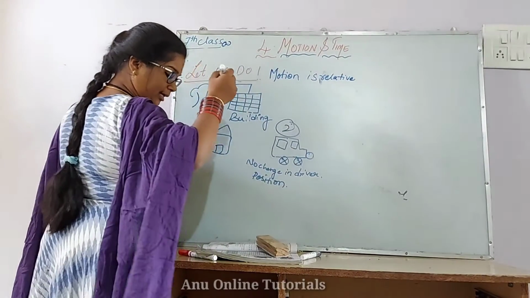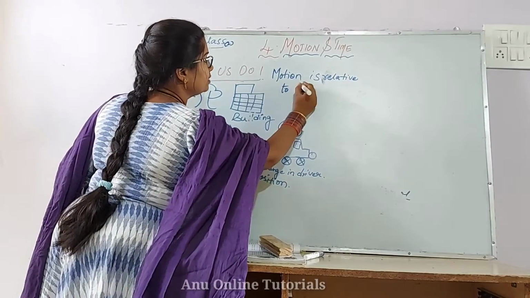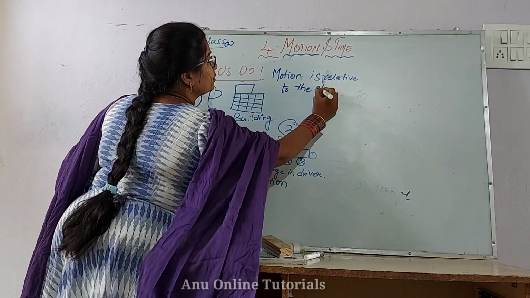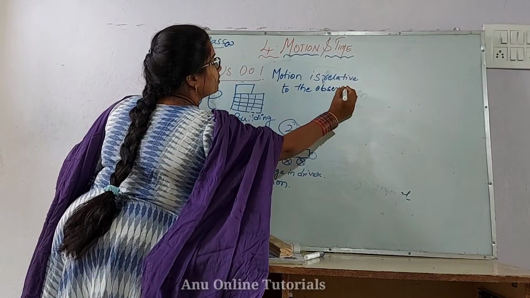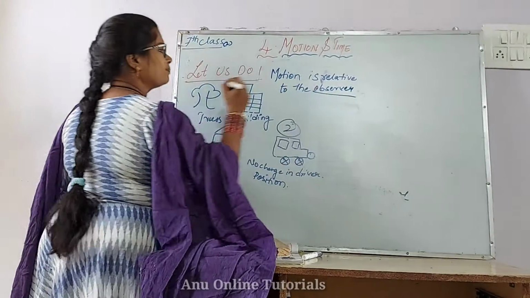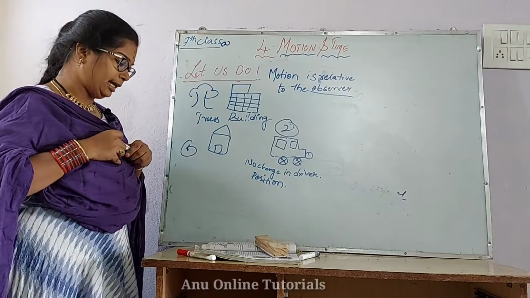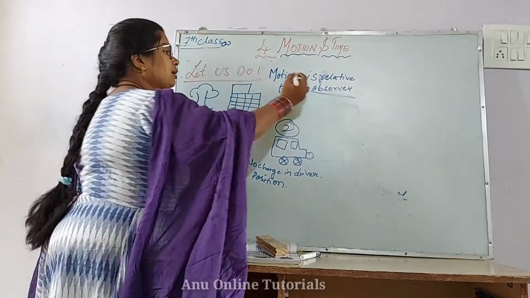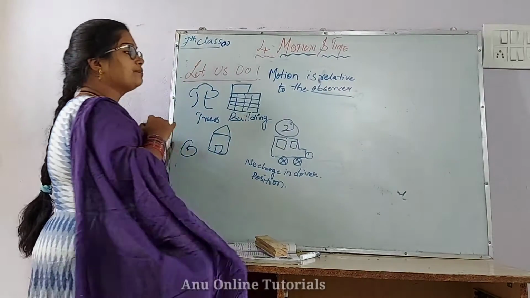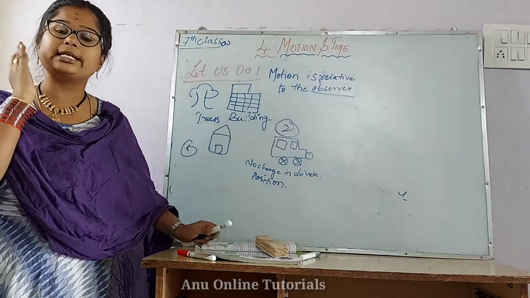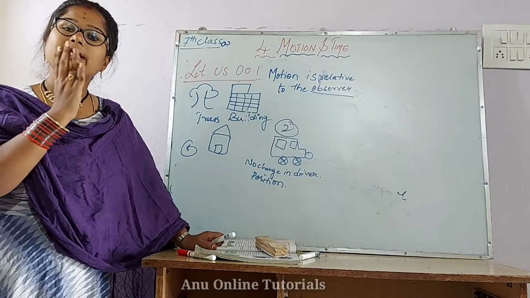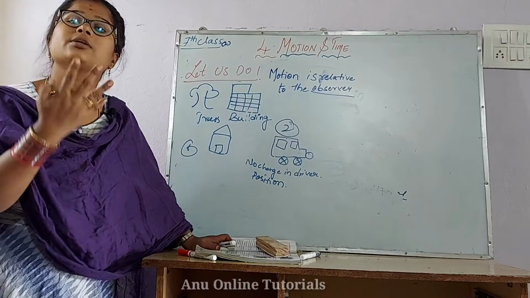Motion is relative to the observer. Observer means who? Who will be the observer? Motion is relative to the observer. You can say it belongs to the observer.